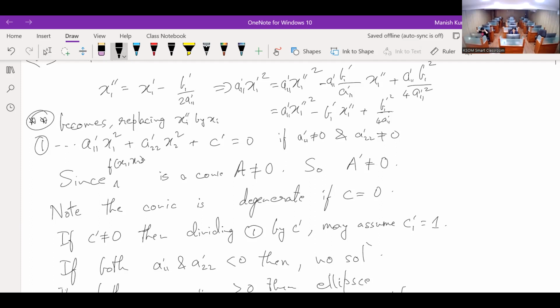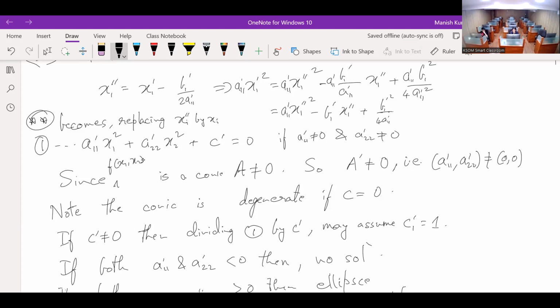So A prime is non-zero. This vector, a11 prime, a22 prime, is a non-zero vector. Both of them can't simultaneously be zero.